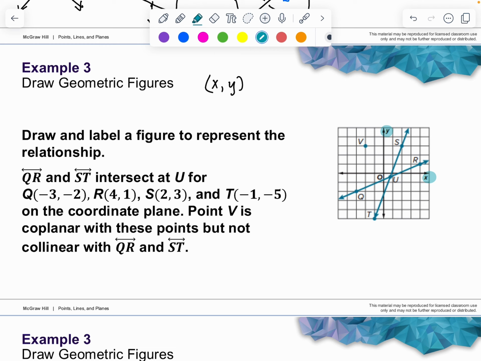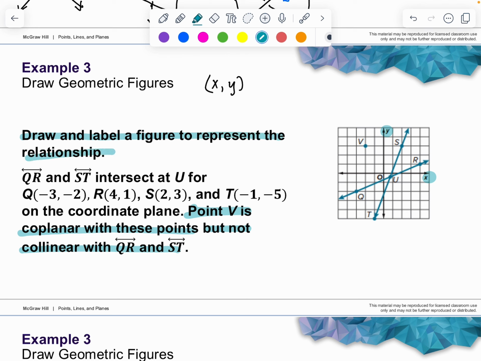So they graphed their lines, figured out where they intersect. So they plotted QR, they plotted ST, and then they said point V is coplanar with these points, but not collinear with QR and ST. Draw and label a figure to represent the relationship.